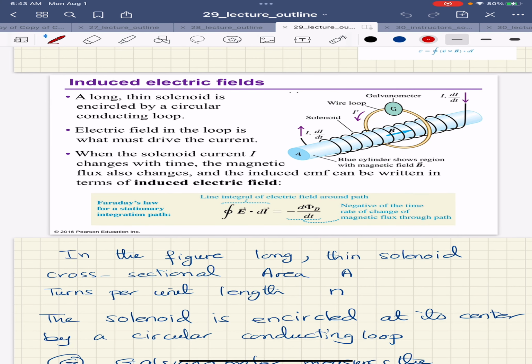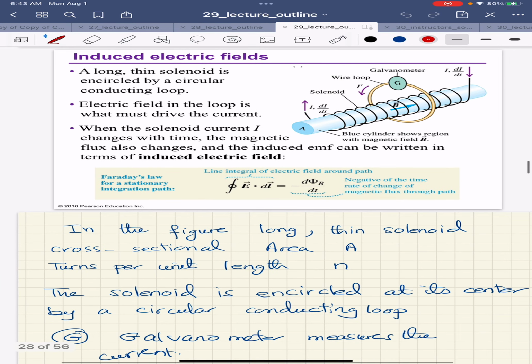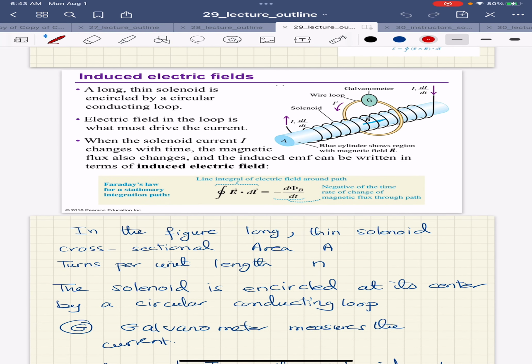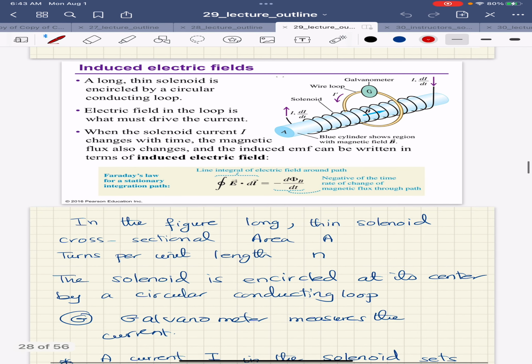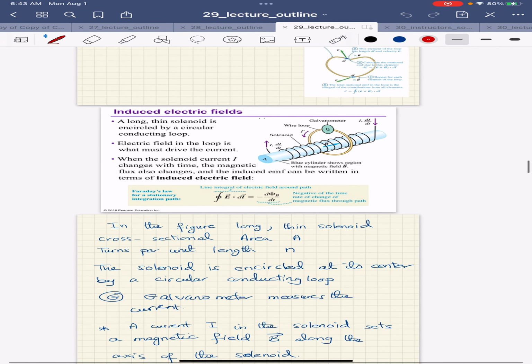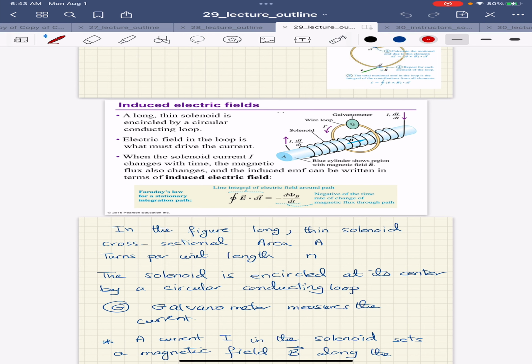The circular loop around it has a connected galvanometer that measures the current in that loop.